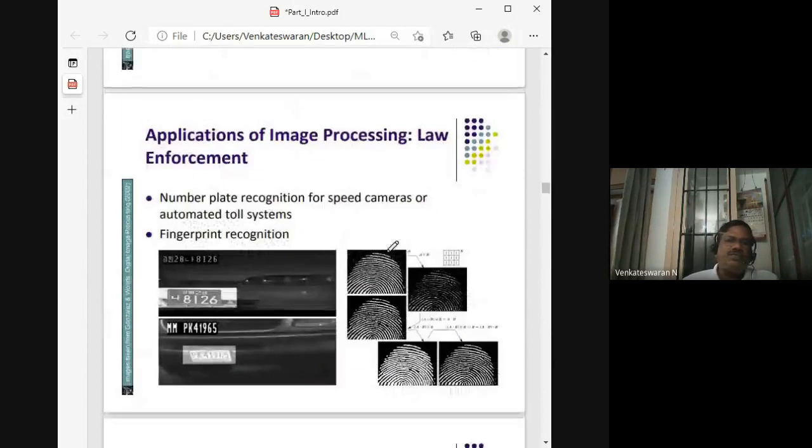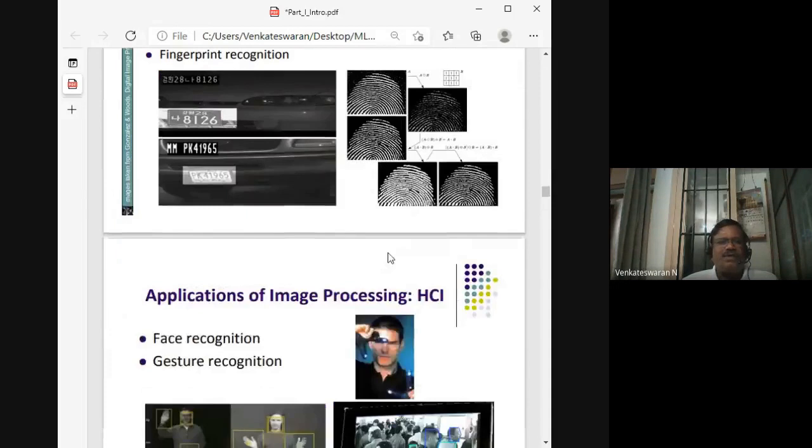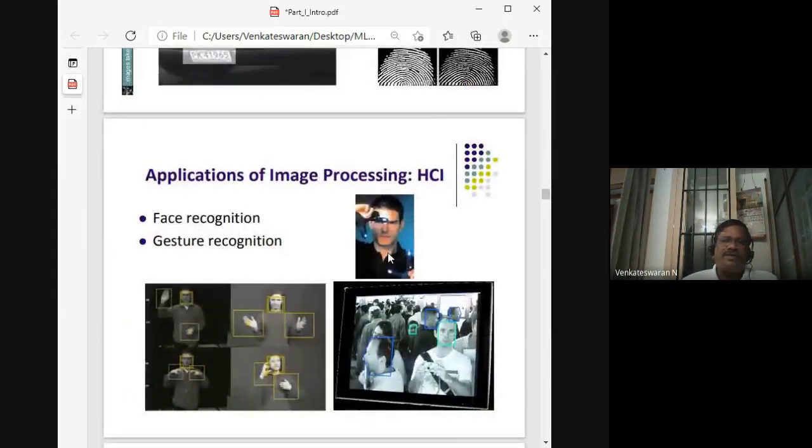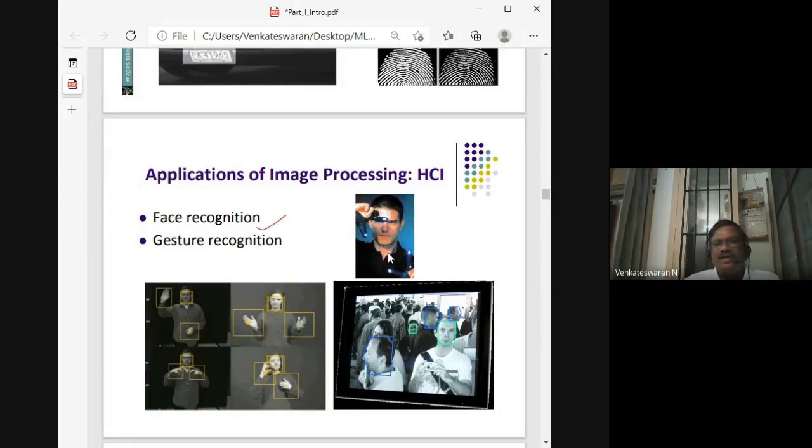So, law enforcement. Of course, people today make use of imaging systems for reading number plates, and fingerprints are also being used. Today, face recognition is a very important application in many attendance systems, and gesture recognition, right?